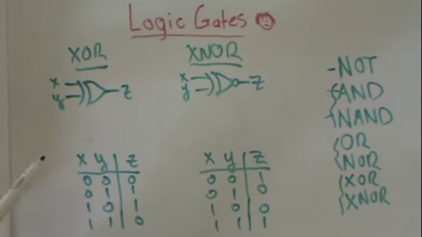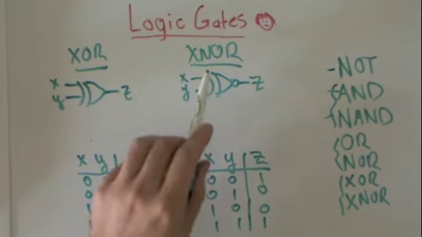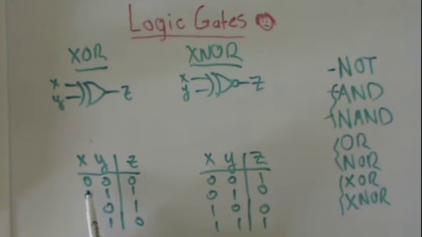Real quick, this is kind of cool. The exclusive OR function, essentially what you're doing is checking to see if both bits are the same. Same thing with the NOR. These are both not true and these are both true, so we have a 0 here. These are not the same, right? So we have a 1 here. So what are we doing?